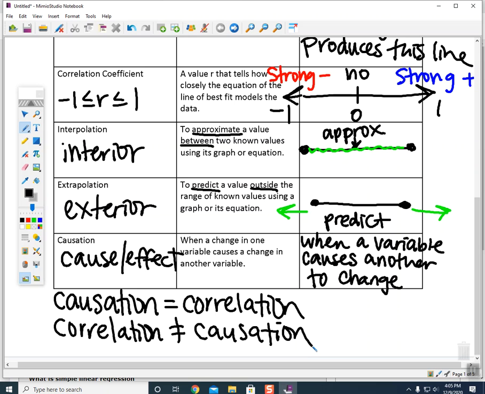But let's just say that whatever data set I'm working with, all of a sudden I gathered some data and it looked like there was a positive correlation between the two of them. It may be kind of slight, but there was a positive correlation. That doesn't imply that one caused the other. That doesn't mean that my shoe size caused me to have a better or worse grade. There just maybe is a coincidental correlation between the two. So causation implies that those two values are correlated, but correlation does not necessarily imply causation.